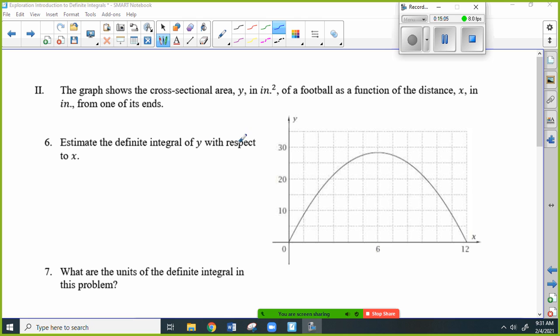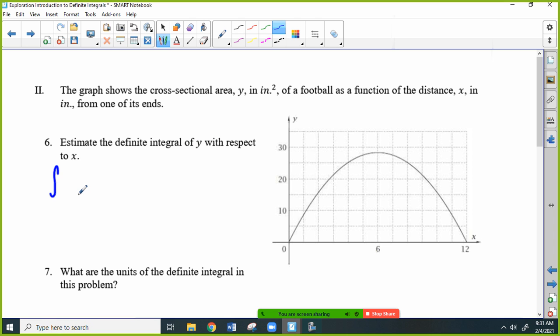Okay? So what that means is I want to approximate. Our function is technically y with respect to x. So y of x, and then with respect to x means I need to have a dx on it.